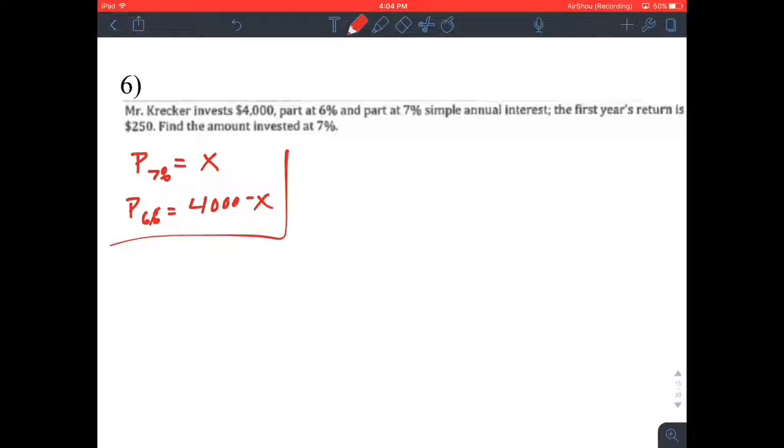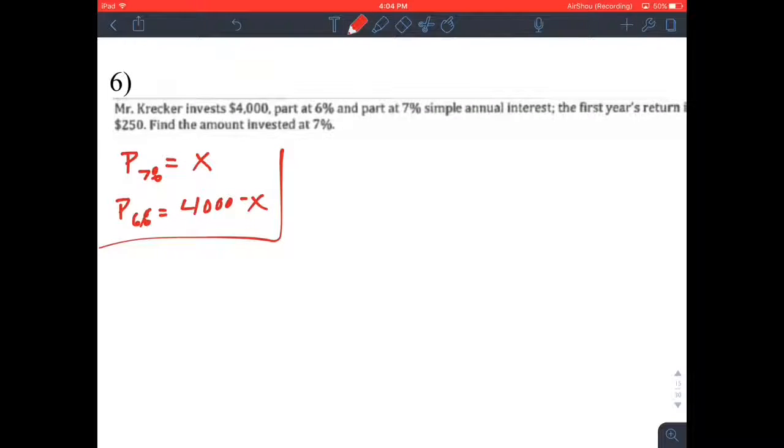Part at 6, part at 7, simple interest. The year's return is $250. So the interest is $250. Find the amount invested at 7%. Well, let's say that's the total interest, the $250. The interest at 7% plus the interest at 6% has to equal the total interest.